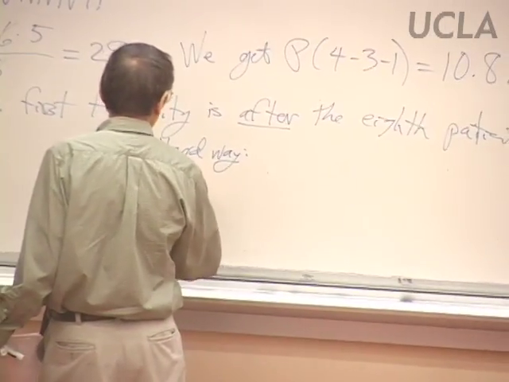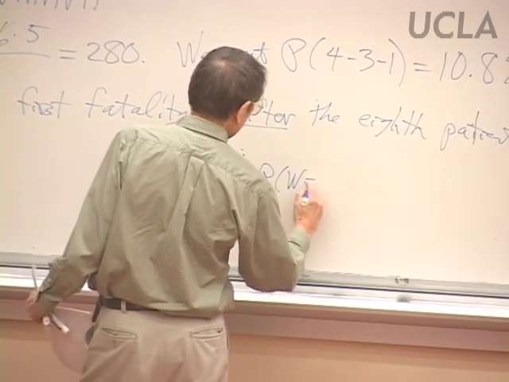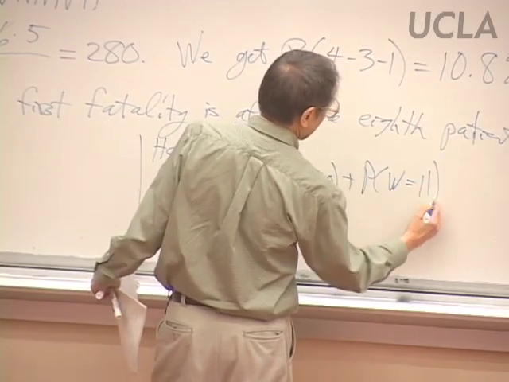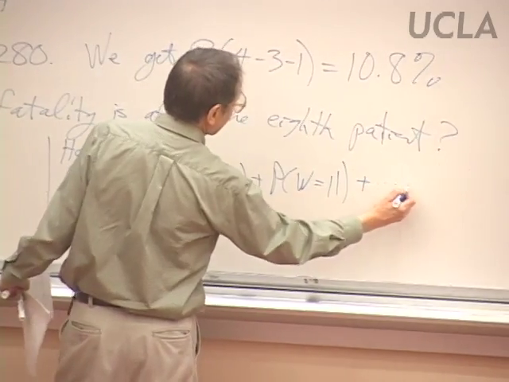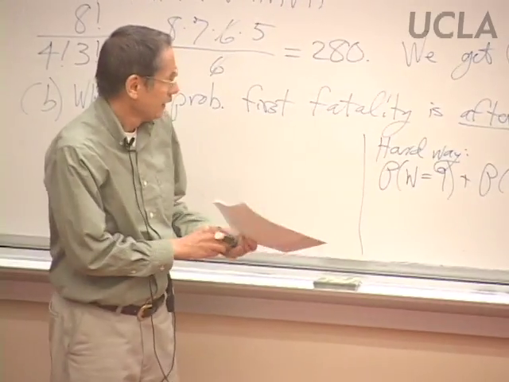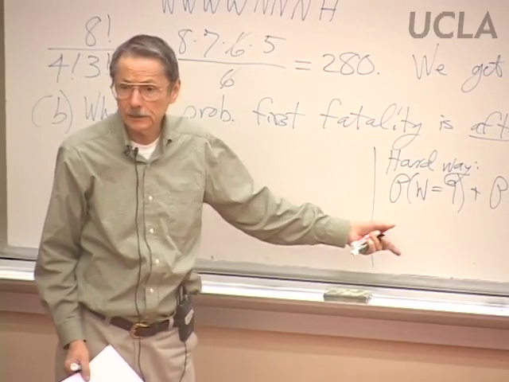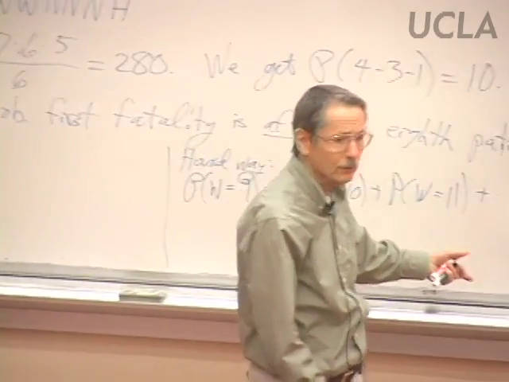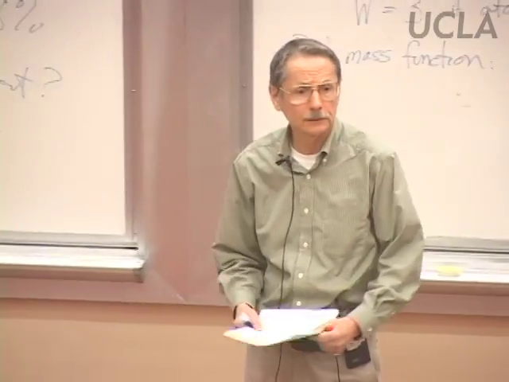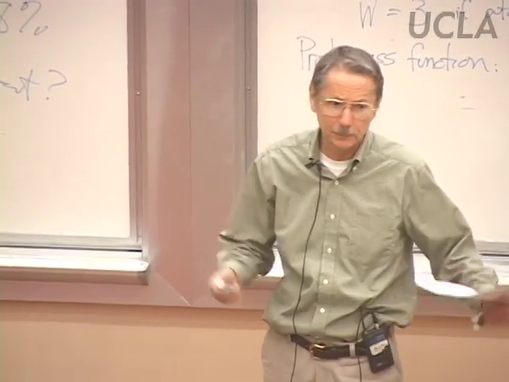So we could figure out the probability that it's the 9th, and the 10th, and the 11th, and so forth, and add them up. Well, that means summing an infinite series, which is not out of the question, and which we will have to do on Monday anyhow. In order to get the expected value for the geometric distribution, we'll have to sum an infinite series.